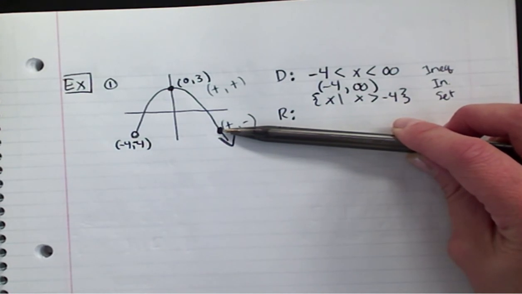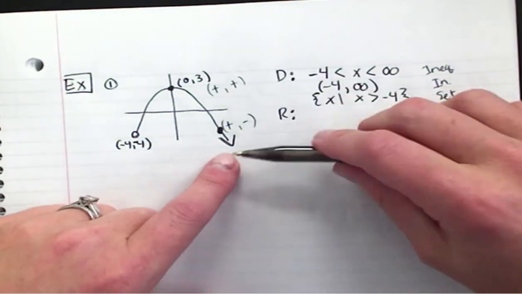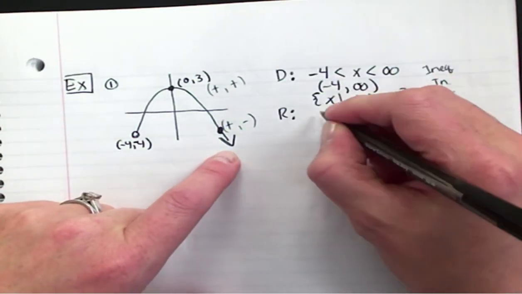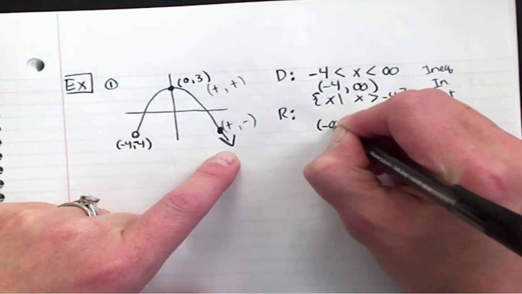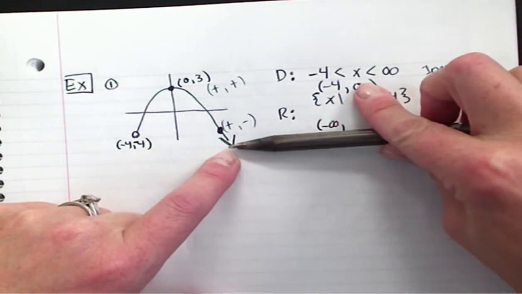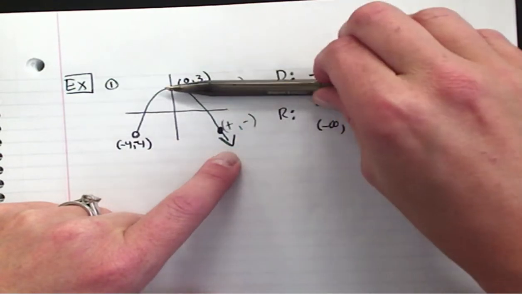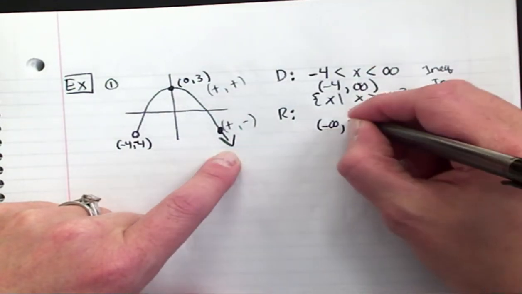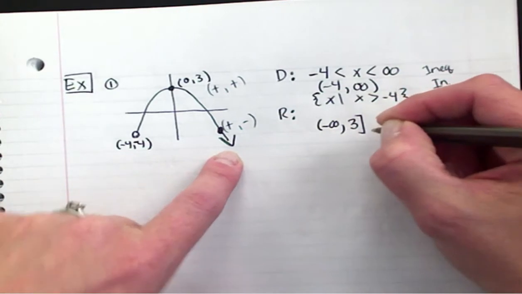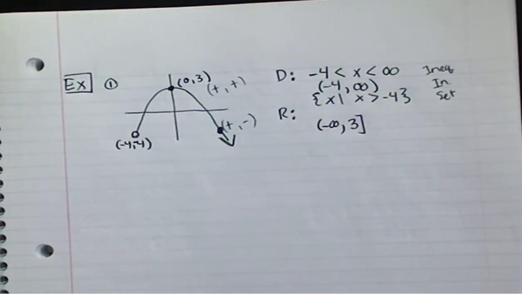Okay, so it starts here at negative infinity, included, still included, stops at positive 3. Included. Only open circles are not included.